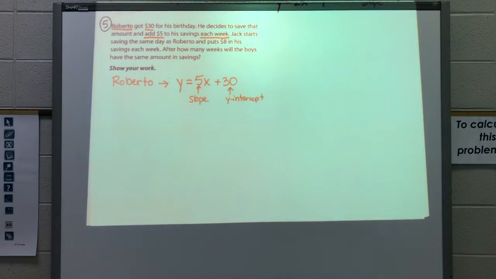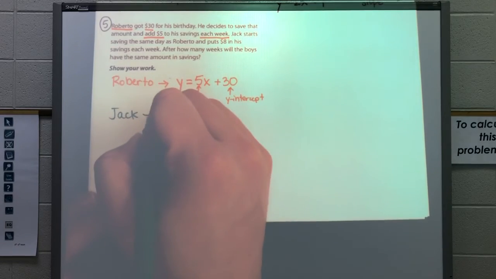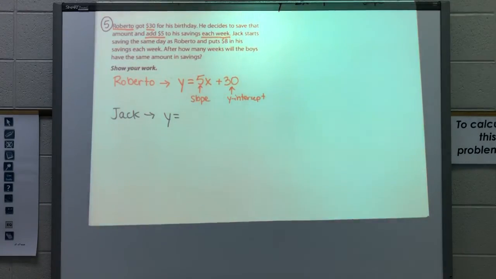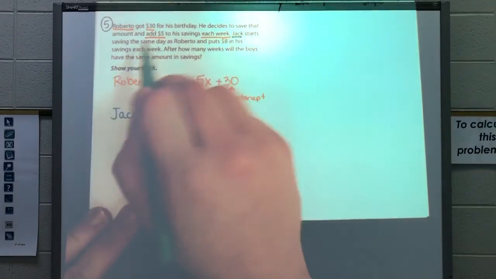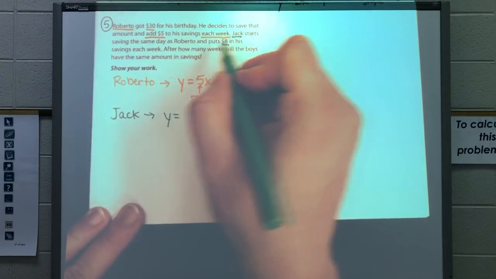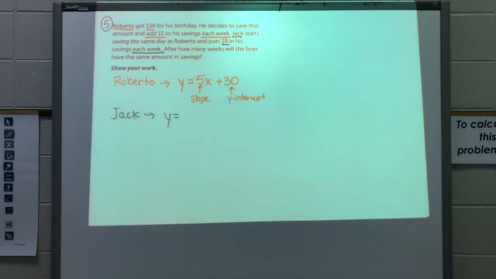Next, we have Jack, which is y equals again. It says Jack starts saving the same day as Roberto, but he puts $8 in his savings each week. So he doesn't have an upfront amount. It's not his birthday.